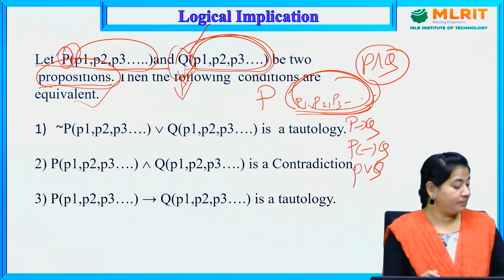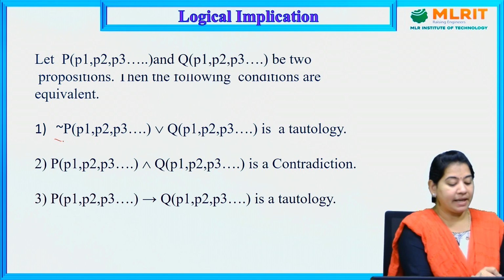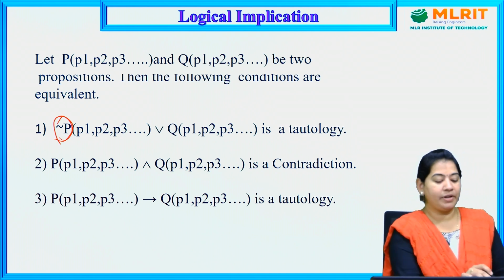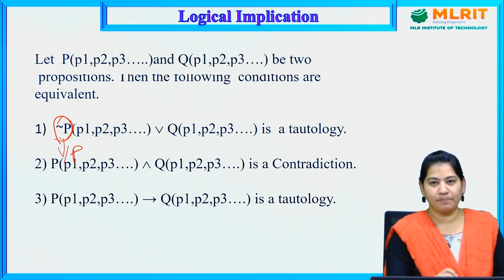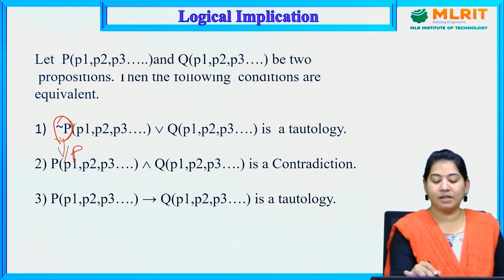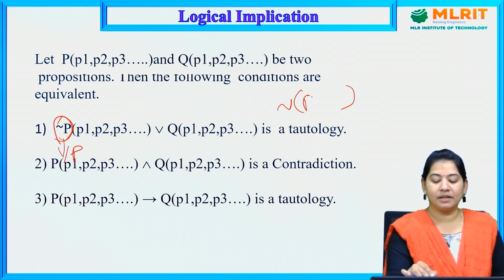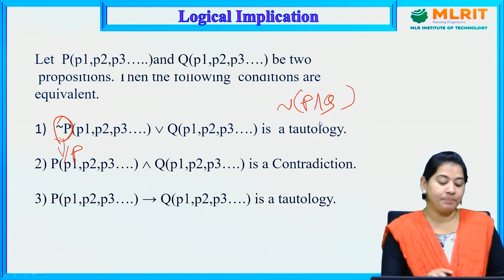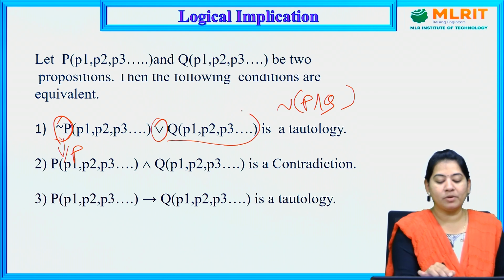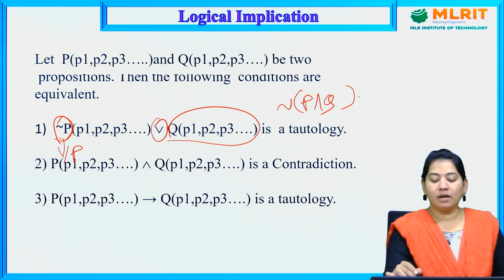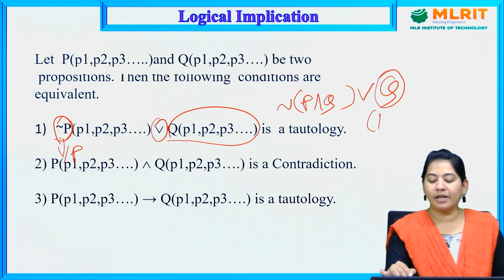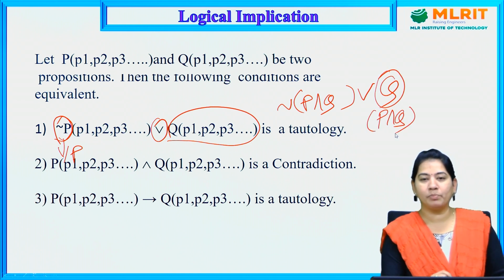Let us see. The first condition is negation P or Q. Here P is not a variable, so we can consider it a proposition, and that proposition can be anything. It means you can write the negation of some compound statement, which can be P and Q or P or Q. Like that we can consider any compound statement, or the Q proposition. In place of Q you can have any propositional variables in terms of compound statements.